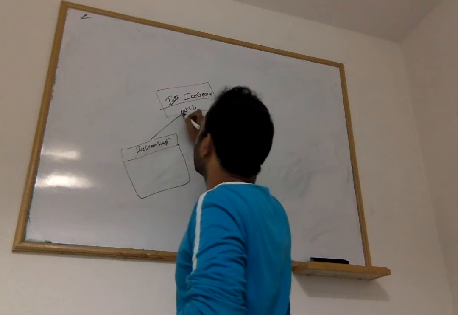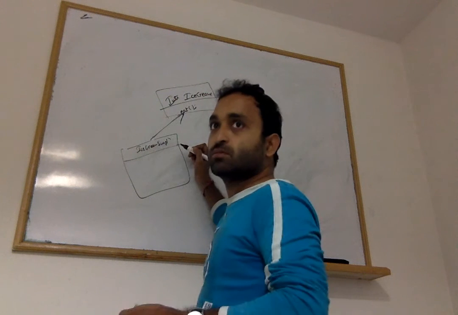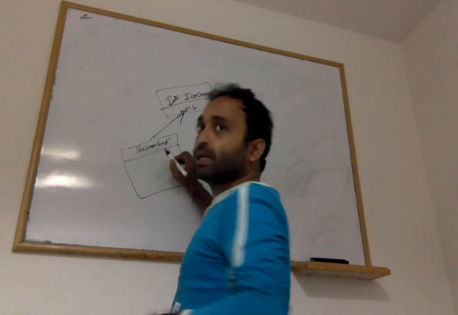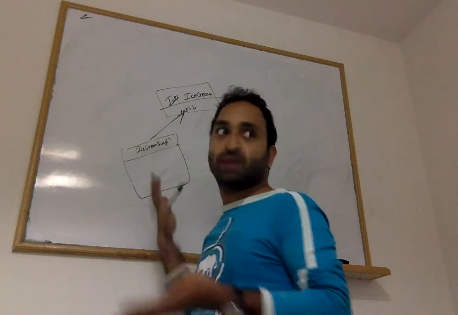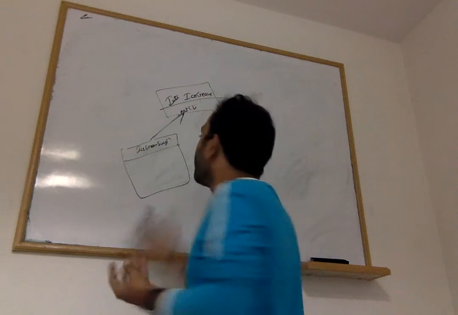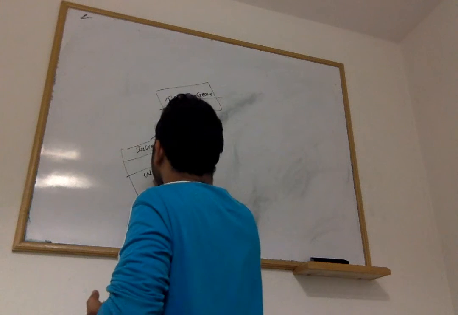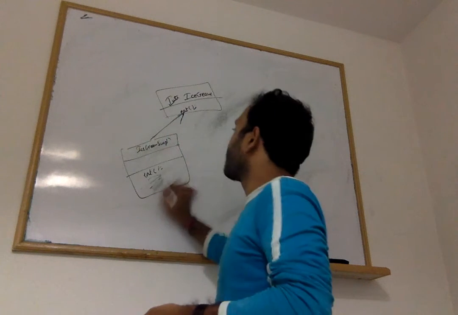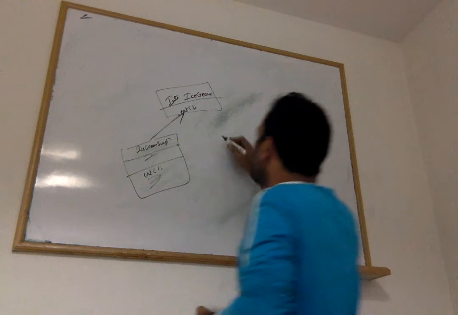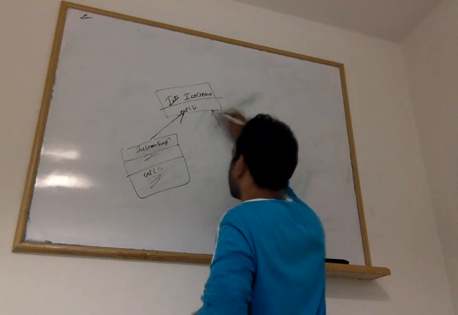That means an object, a class of ice cream. This is a bare ice cream and you can eat that without anything. On top of that, you will define the flavors of ice cream.